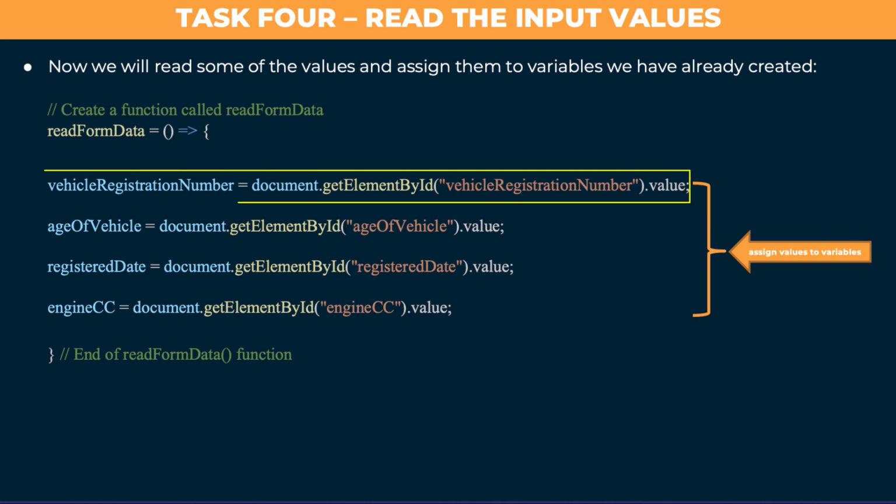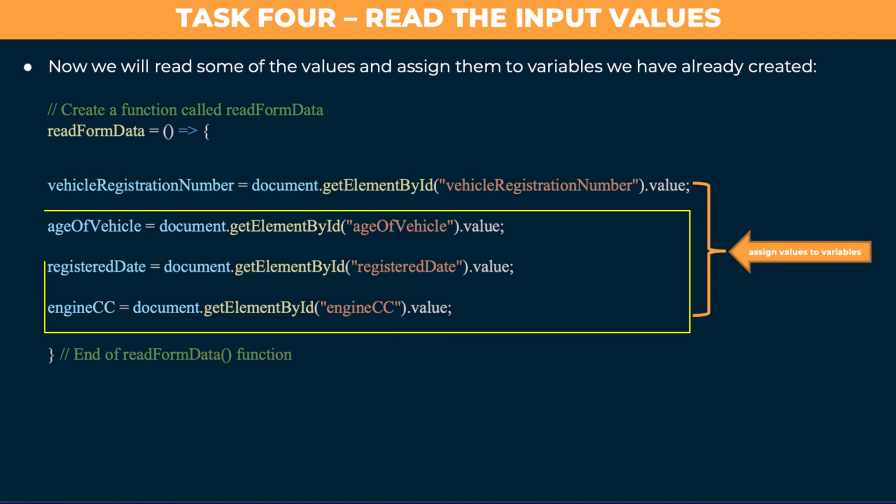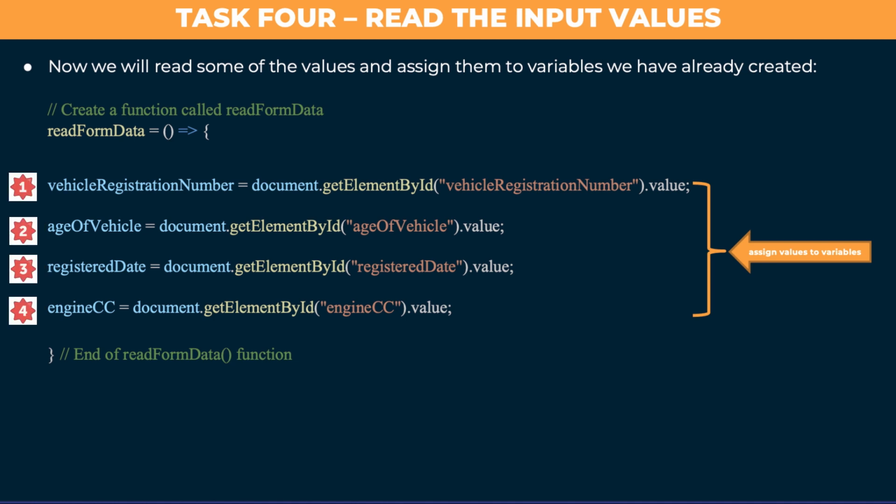So for example, vehicle registration equals document dot get element by ID vehicle registration number dot value. And then we do the same for the age of the vehicle. Then we do the same for the registration date of the vehicle. And then we do the same thing for the engine CC. So that is 4 variables that we have used, and we have assigned those the values that have been read back from the web page.